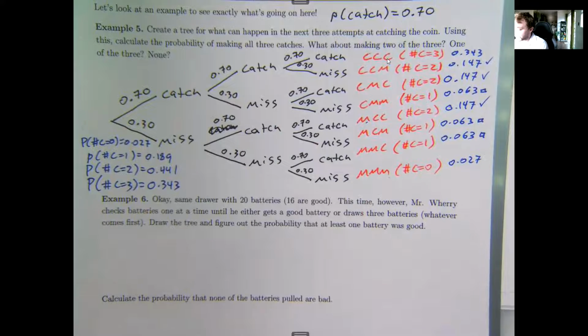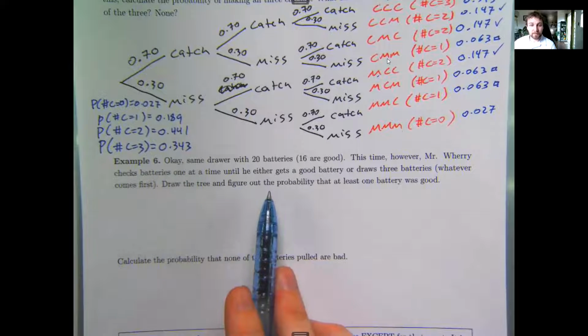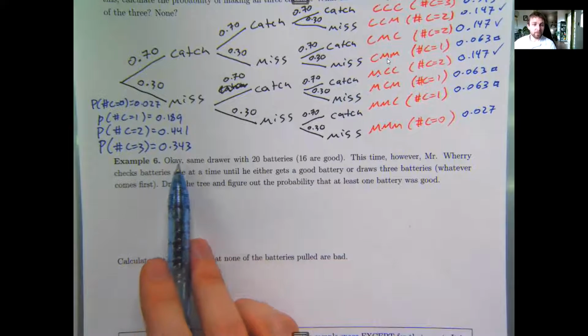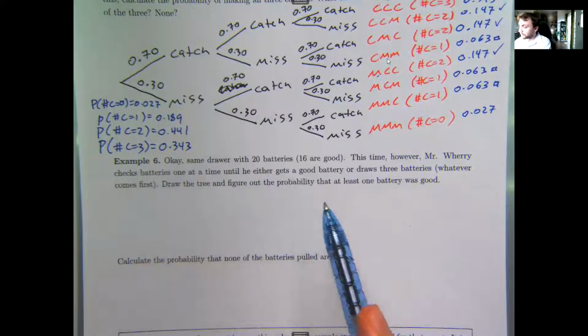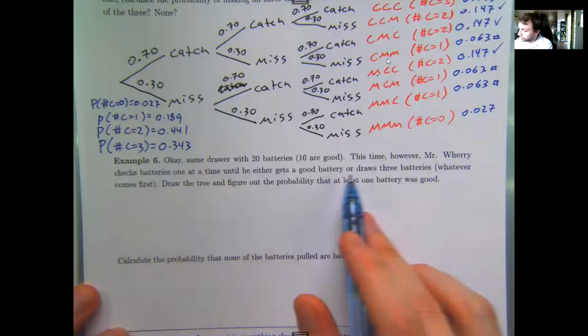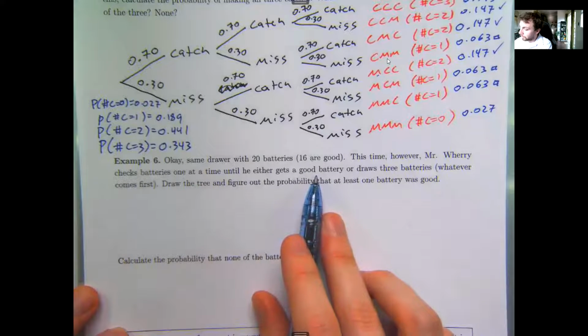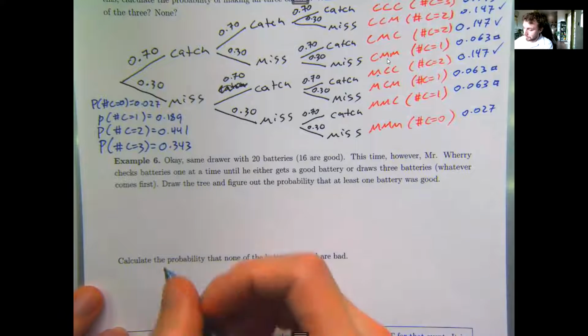I want to use this tree again for another situation. This tree is going to be slightly different than the last one, though, because I'm doing this for a drawer with 20 batteries, and I'm supposing 16 of those 20 are good. And I'm going to draw batteries until I get 1 good one, or I draw 3 batteries, whichever comes first.